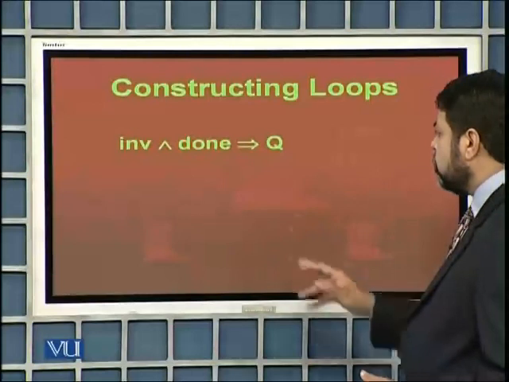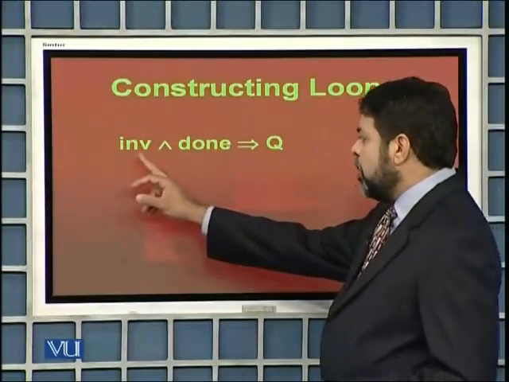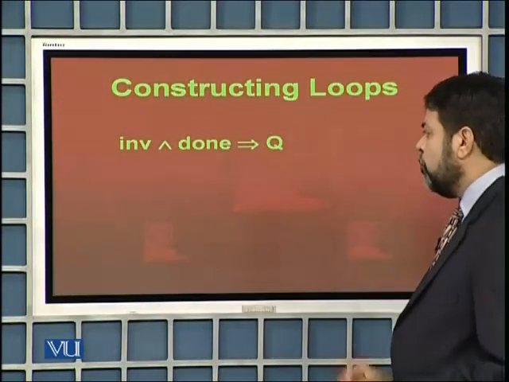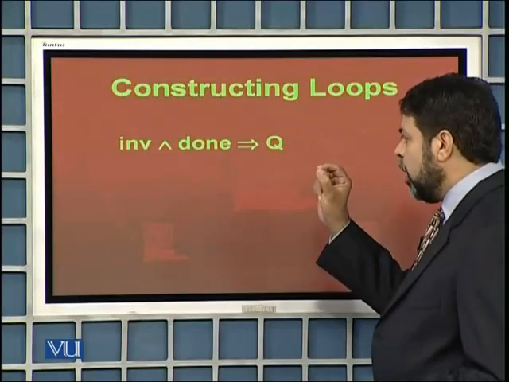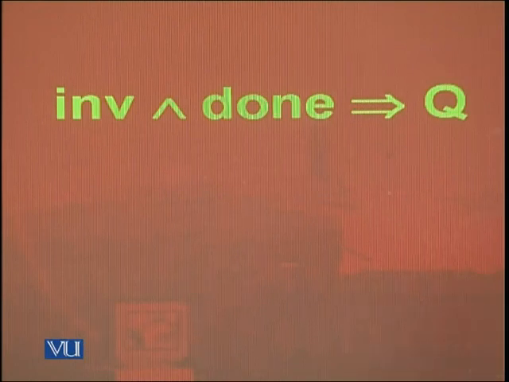First of all, we have our postcondition. Remember that we have our invariant condition, which must be true before the execution of the loop, during the execution, after each iteration of the loop, and after we are done with the execution of the loop.